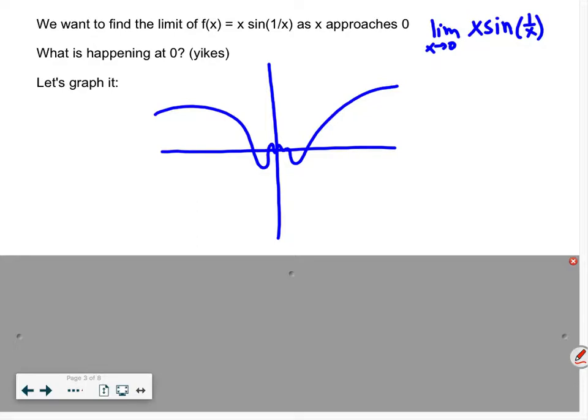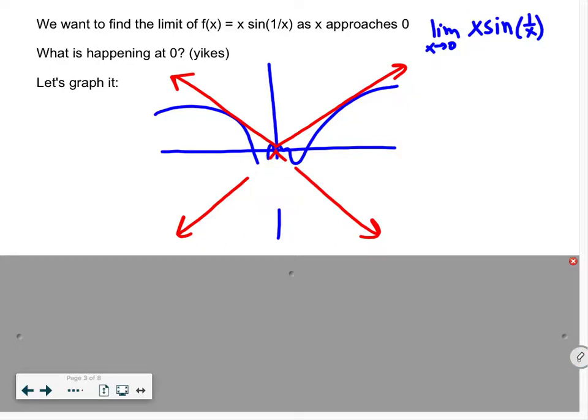So what we can do is the absolute value of x and the negative absolute value of x would sandwich that equation. This is always going to be between negative 1 and 1. And so x times something between negative 1 and 1 is always going to be in between the absolute value of x and its negative.